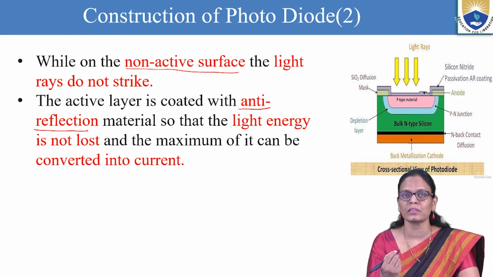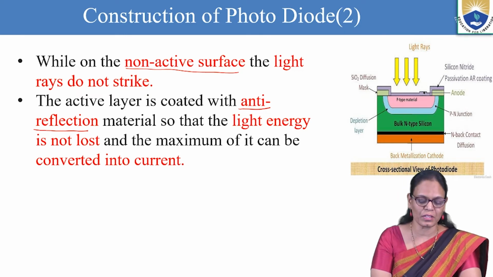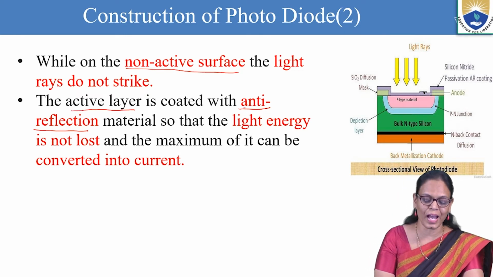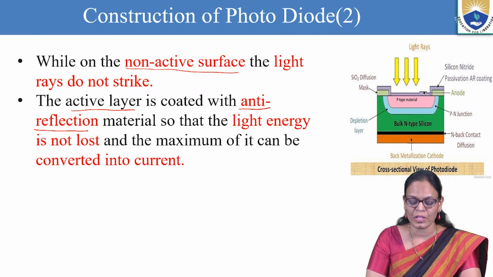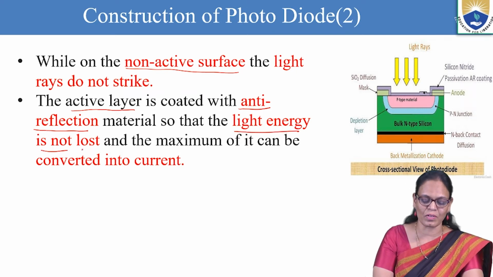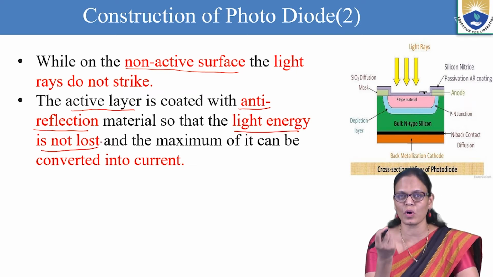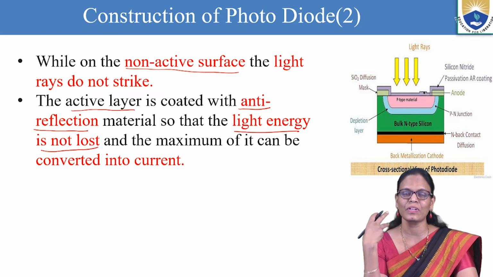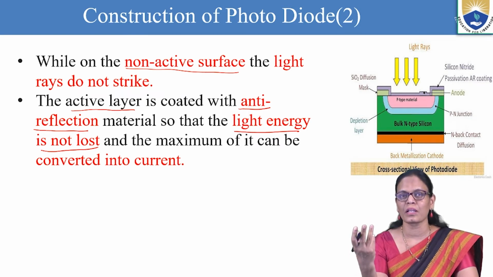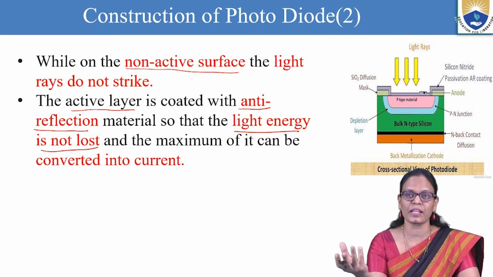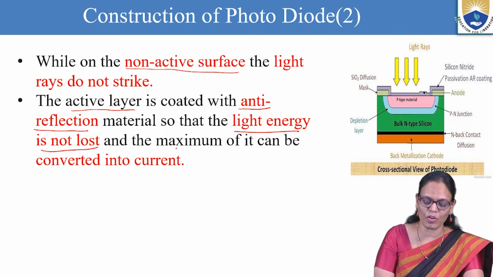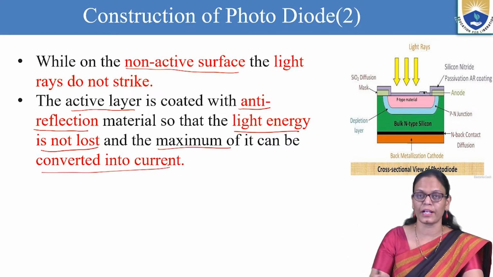So the active layer is coated with anti-reflection material, so that light energy is not lost. So in the active layer, it should absorb the energy, and that energy will get converted into electrical energy. So the maximum of it can be converted into current.